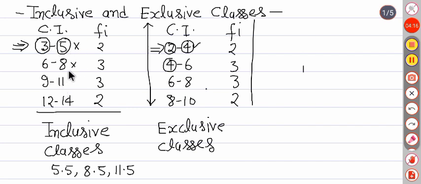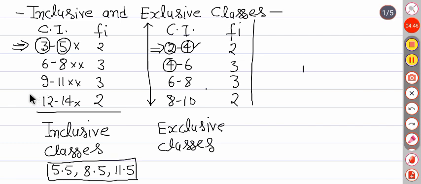The same way 8.5 is not here as well as not here. The same way 11.5 is not here and also not here. So these values are not in any class interval. So that would not be the best representation of data or a good way to represent data.